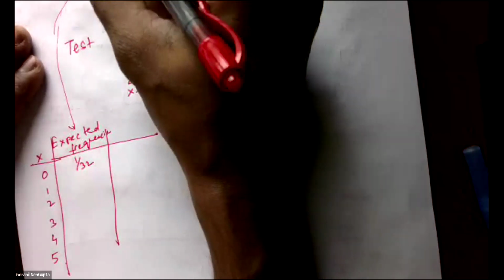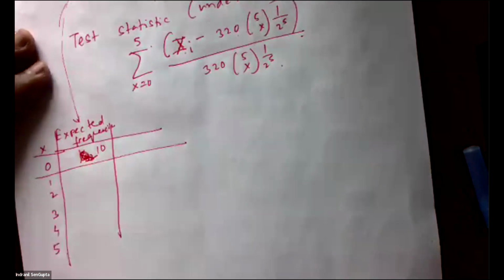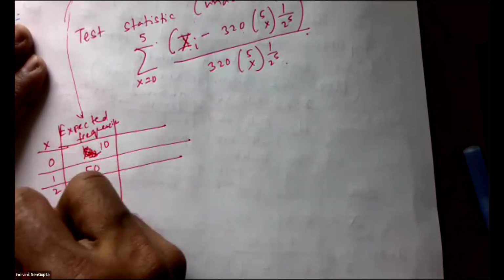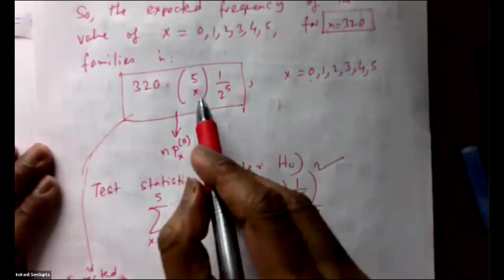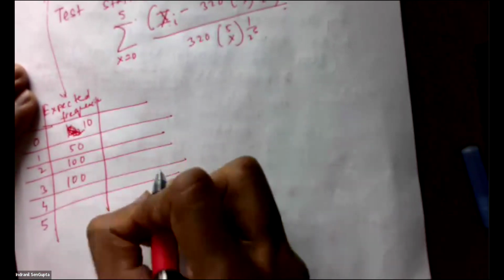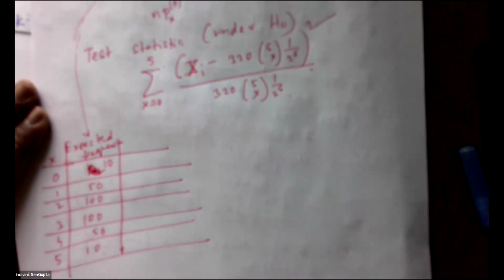And therefore, 1 over 32 times 320 is 10. Then the next one would be similarly 50. Third one, I'm basically plugging in the x values, so 50, then it's 100, then it's 100, then it's again 50, then it's 10. Those are the expected frequencies, meaning this quantity here.